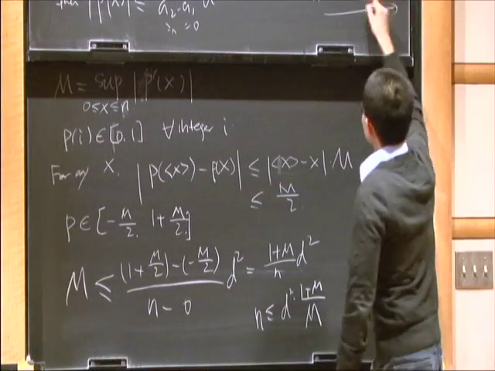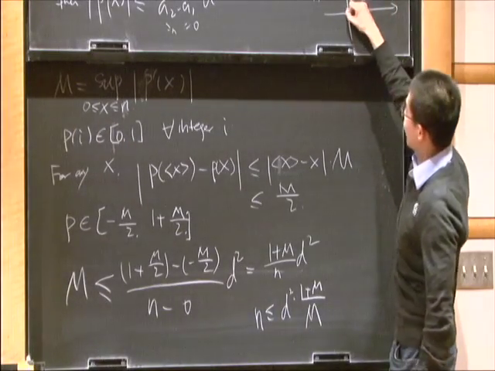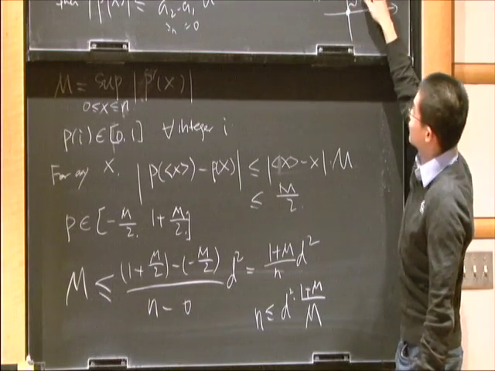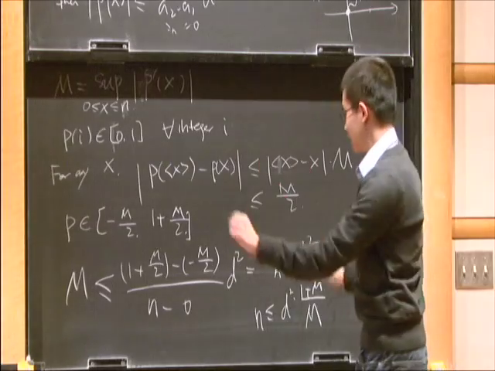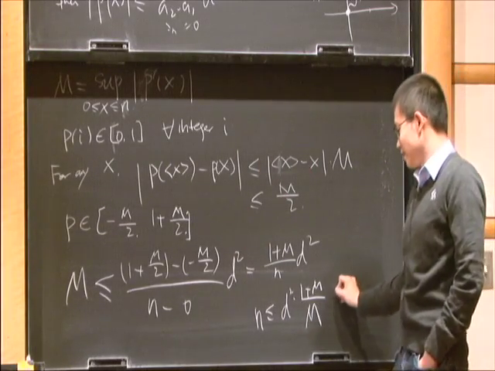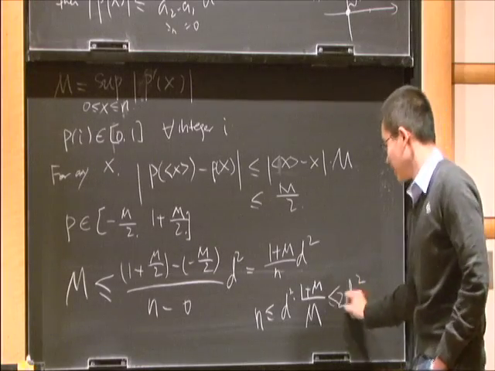So for example, if you have a function f which takes the value 0 at 0 and 1 at 1, then at some point the first derivative should be greater than or equal to 1. So now we know m is greater than or equal to 1. This is a monotone function, so this is less than or equal to 2d squared.